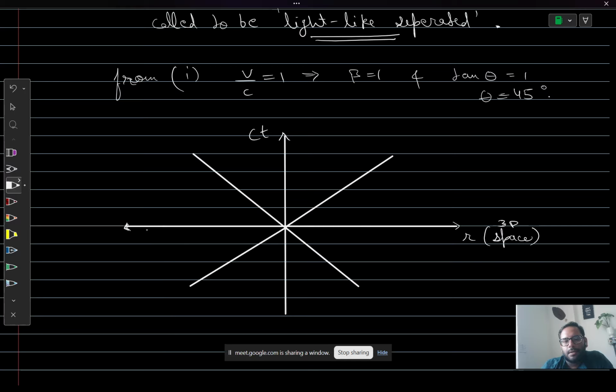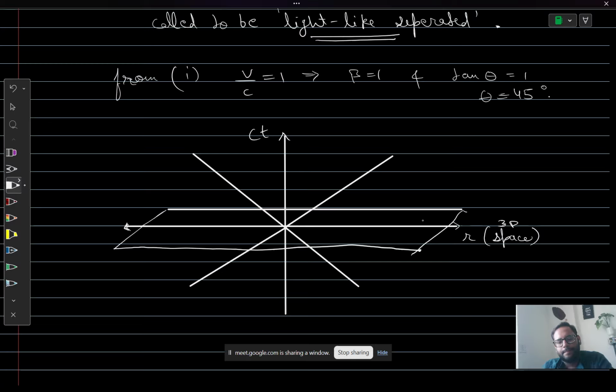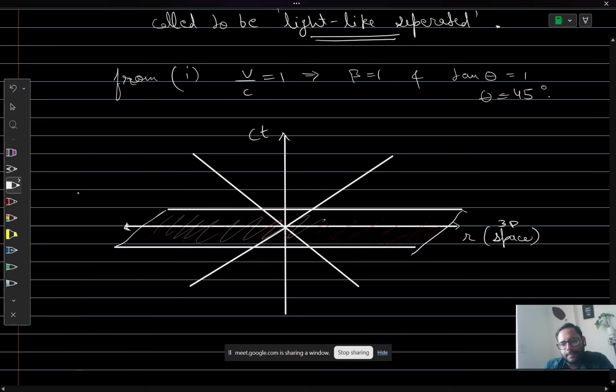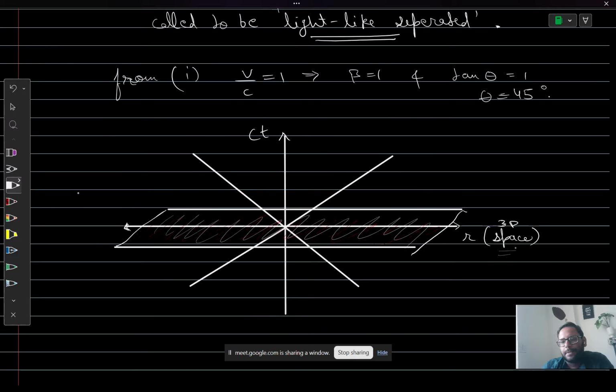So you see, this is a hypersurface. You can say this is my surface of R. This is the space surface.